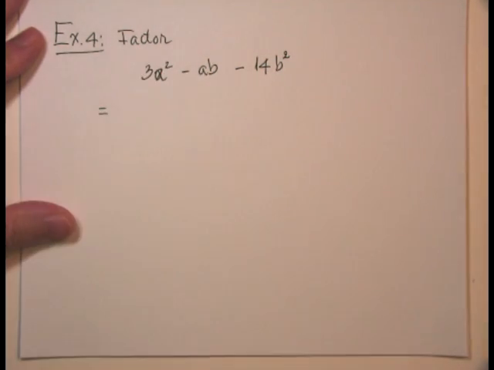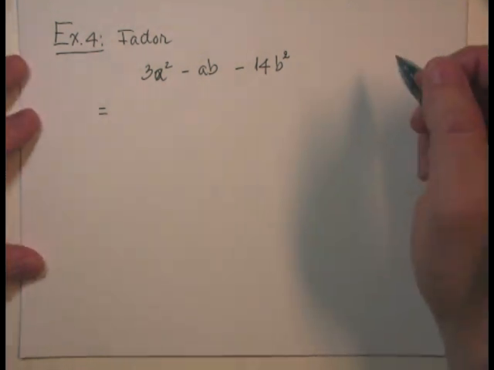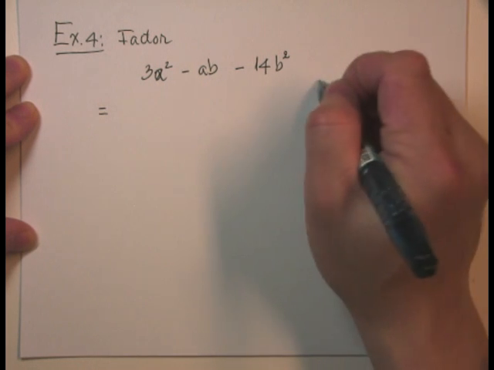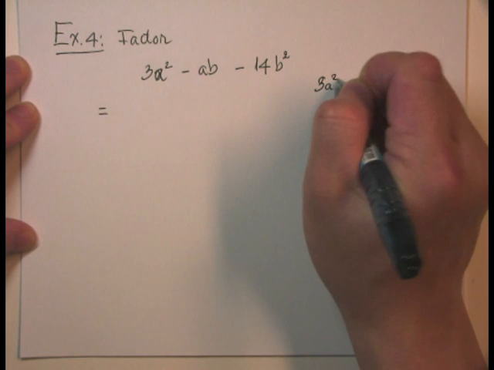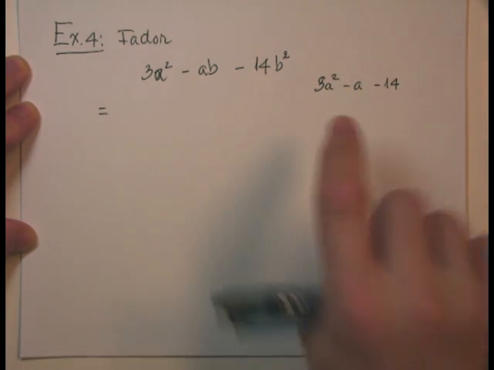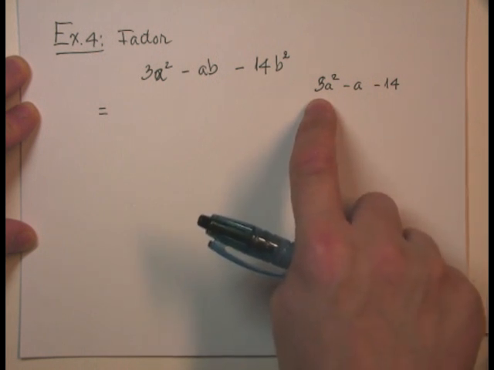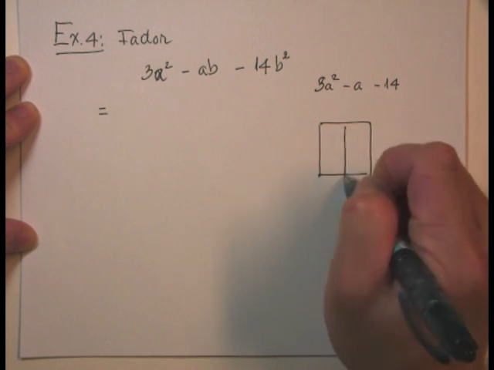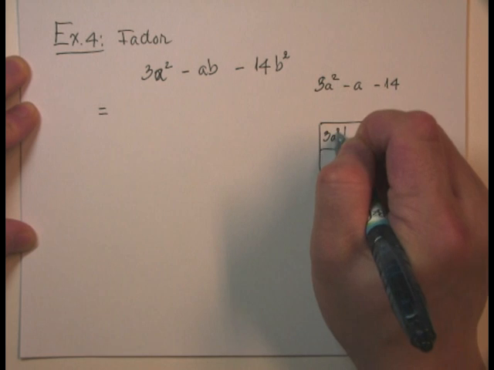We've been through 3 examples, so in this one, allow me to cut it a little shorter in terms of the explanations. Once again, pretend that there's only one variable: 3a squared minus a minus 14. So here, once again, a quadratic expression with leading coefficient other than 1. I'm going to need the square box to factor. And here I'm going to put my 3a squared.